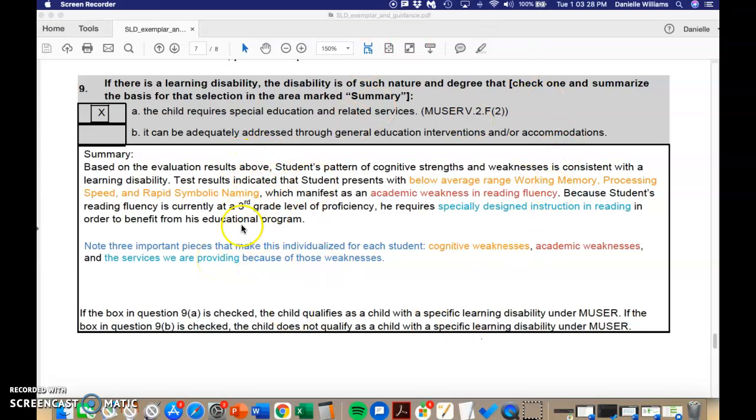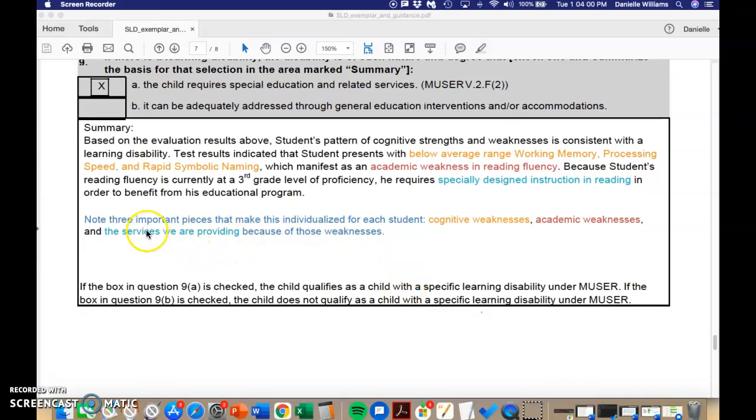So for this particular case, we're saying the test results indicate that the student presents with below average range working memory, processing speed, and rapid symbolic naming, which manifest for this particular student as academic weakness in reading fluency. Because he's reading at a 3rd grade level of proficiency, he requires specially designed instruction in reading. If he didn't qualify, then we would rework that statement accordingly.